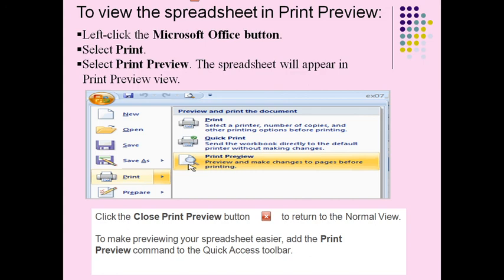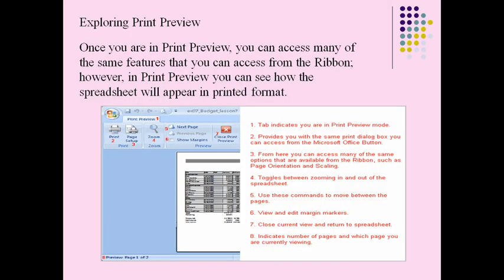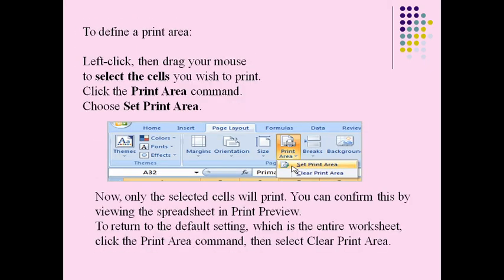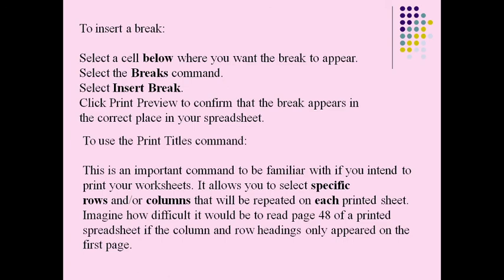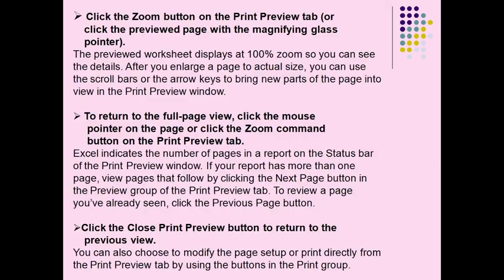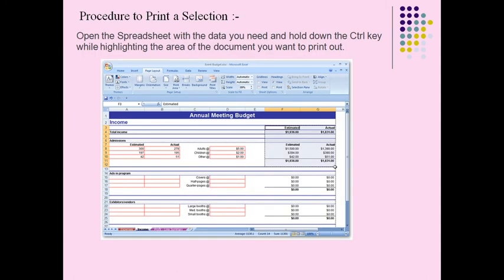We also saw how to view the spreadsheet in print preview. Okay, we have seen what print preview is, how we can open it and what the options of print preview are. We have already seen these and explained each point in the slide, and I have shown you practically how to open print preview and how to see the options.